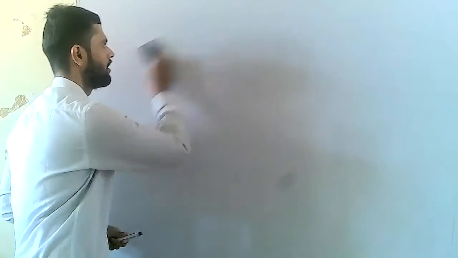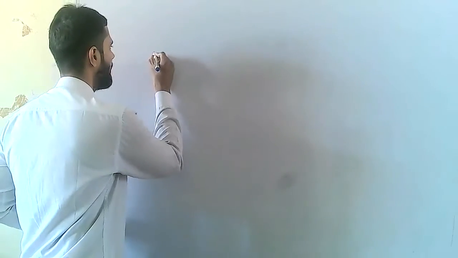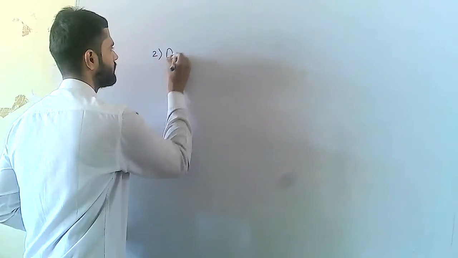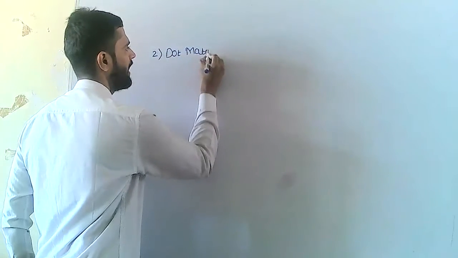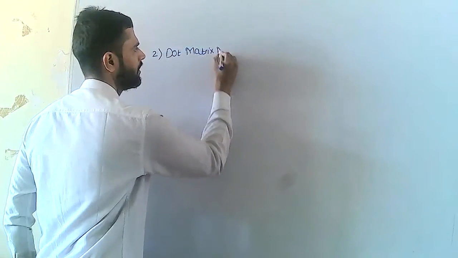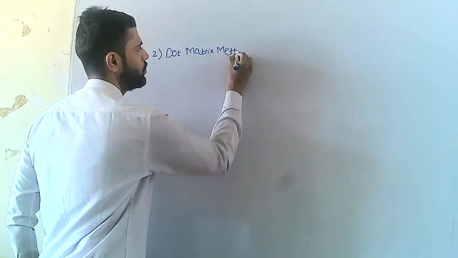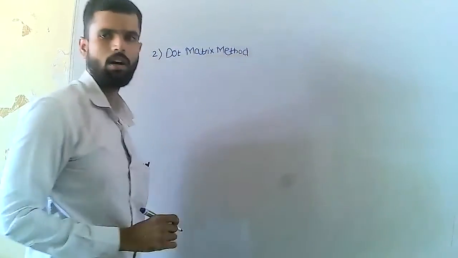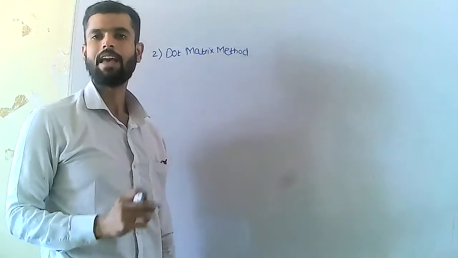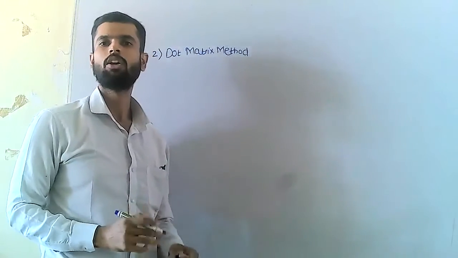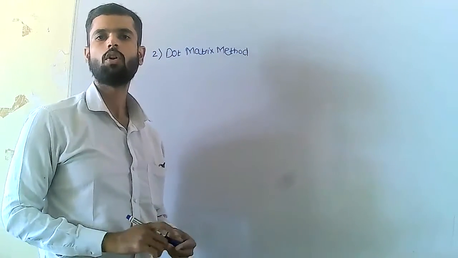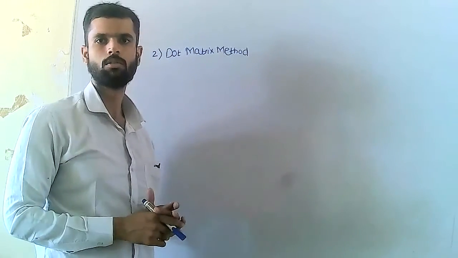Then the next method is the dot matrix method. What happens in the dot matrix method? We use a special size array for generation of the characters.